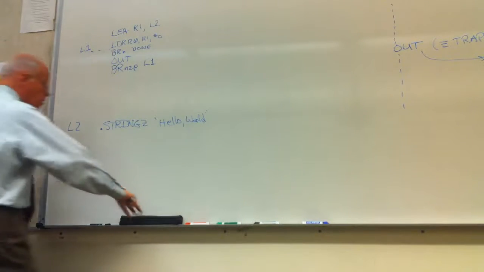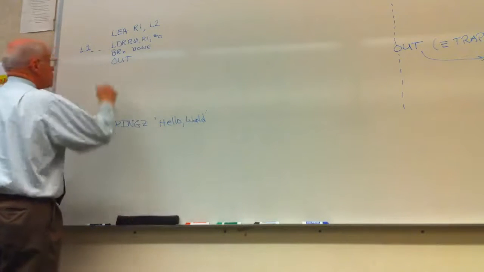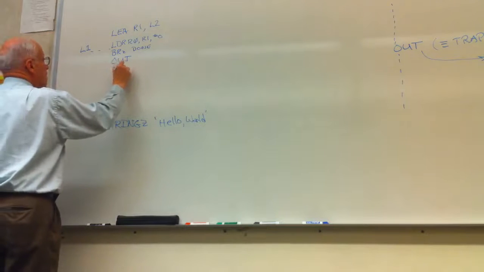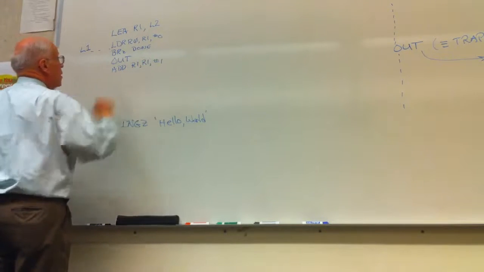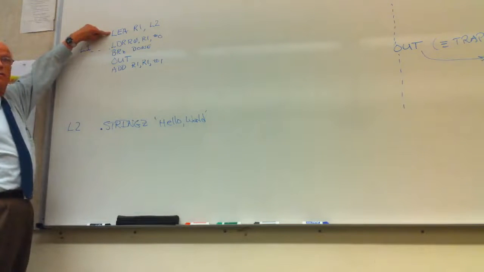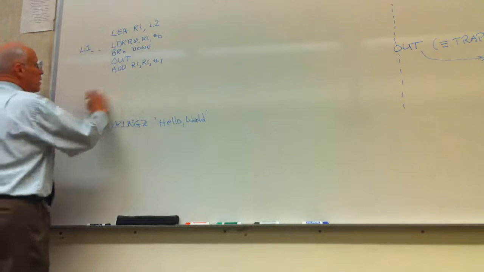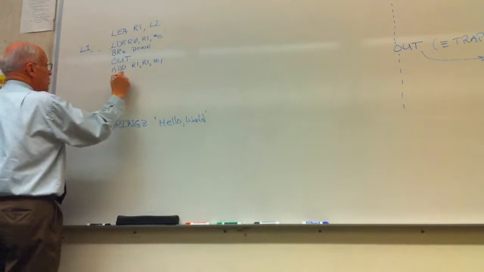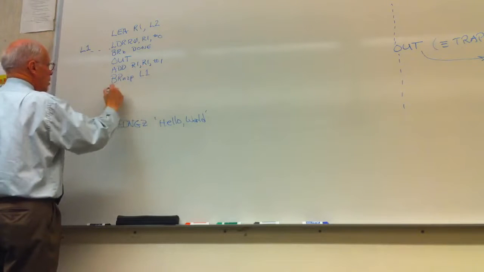Oh, no, let's see, I got one other task to do before I do that. I've got to increment my pointer register that's telling me what I'm going to actually be looking at. And then I'll do my unconditional branch to label 1.